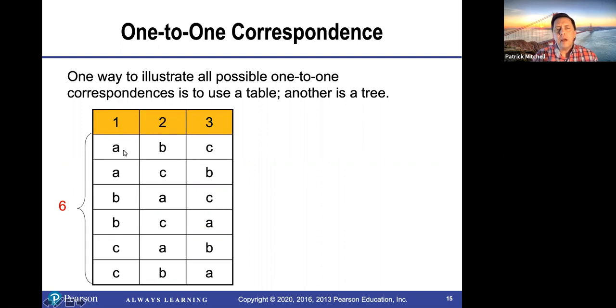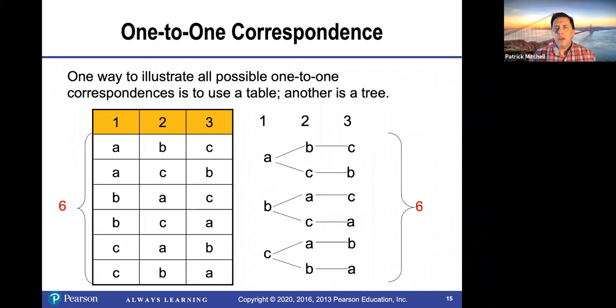All right. So you can send 1 to A, 2 to B, 3 to C. You could send 1 to A, 2 to C, 3 to B. You could send 1 to B, 2 to A, 3 to C, et cetera, et cetera. So there are 6 different one-to-one correspondences between those two sets.